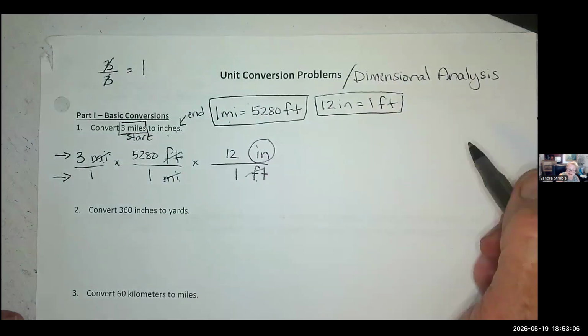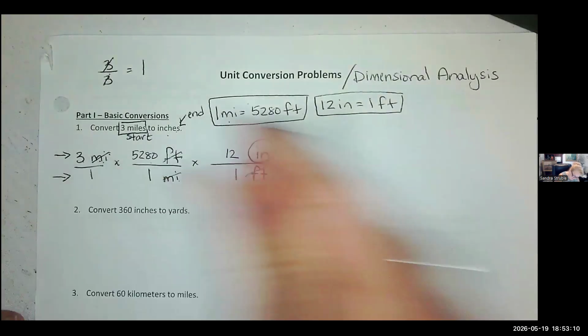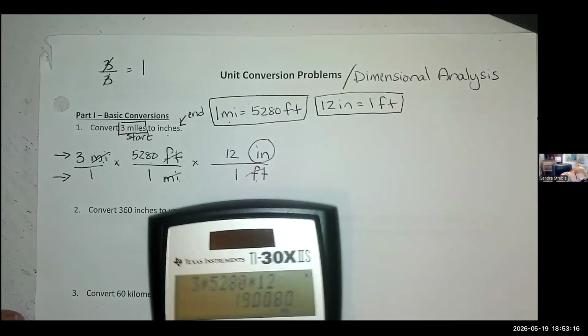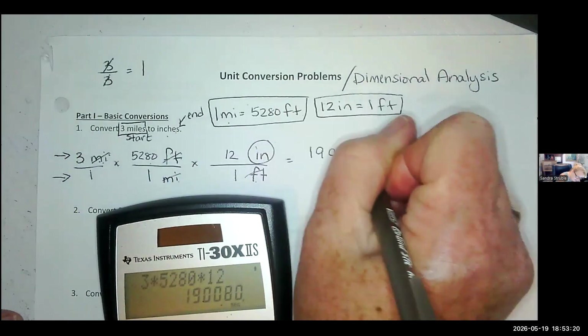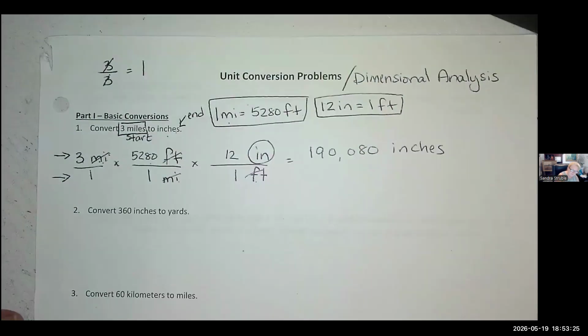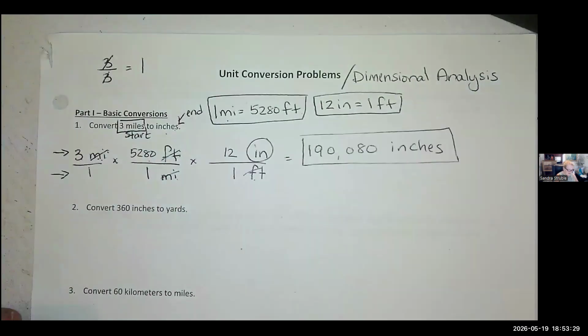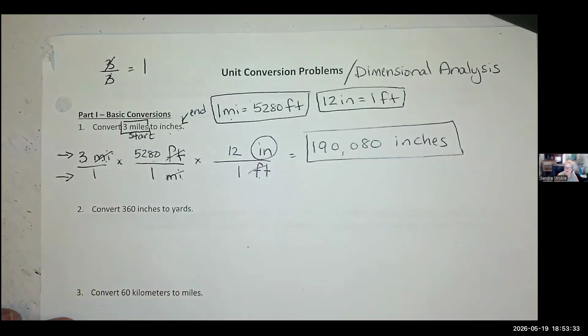Multiplying across, 3 times 5,280 times 12 is equal to 190,080, and this is inches. This is all over 1, so therefore that is the answer. Because 1 times 1 times 1 is 1, so 190,080 inches is equivalent to 3 miles.